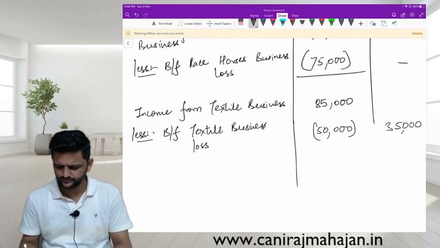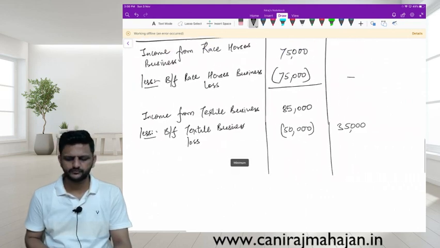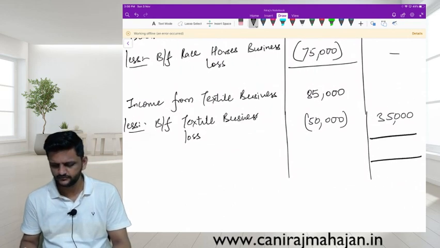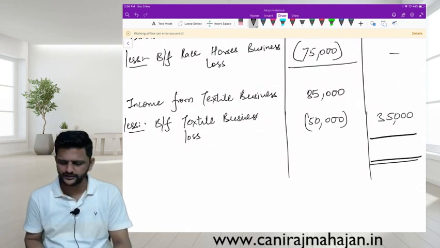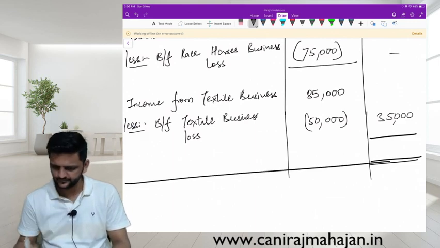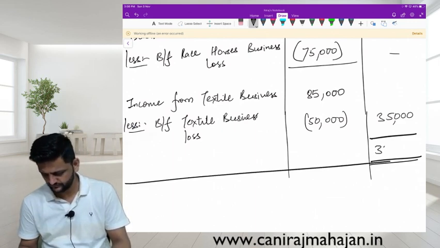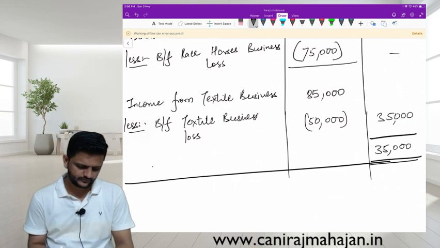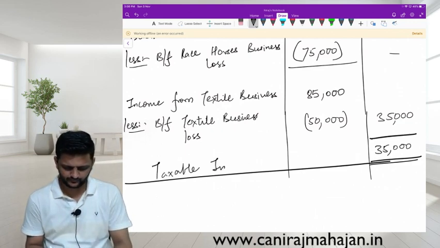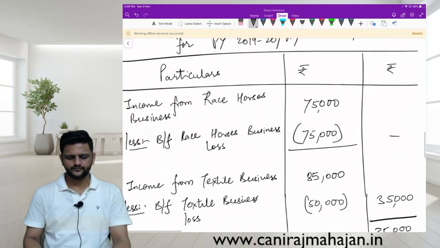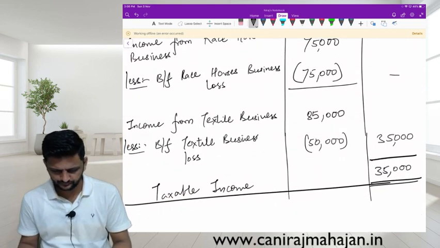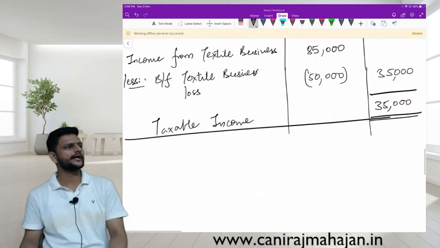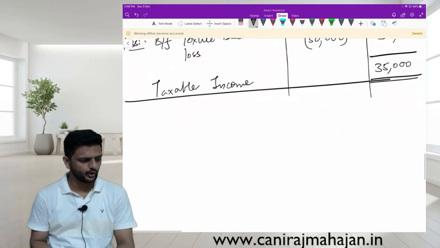Somebody said 38. Taxable income 35,000.